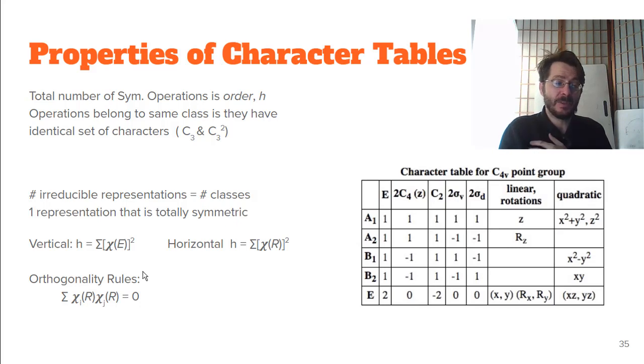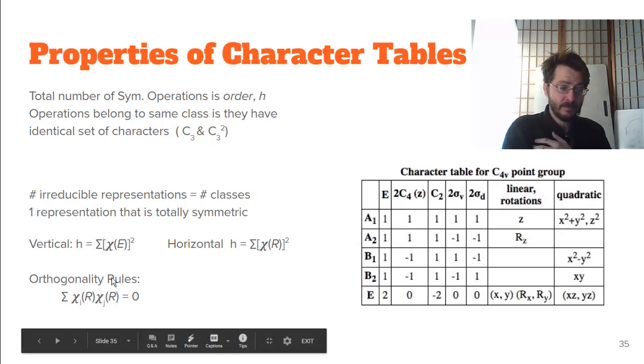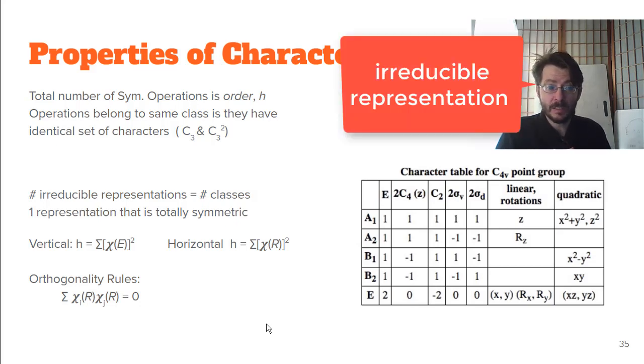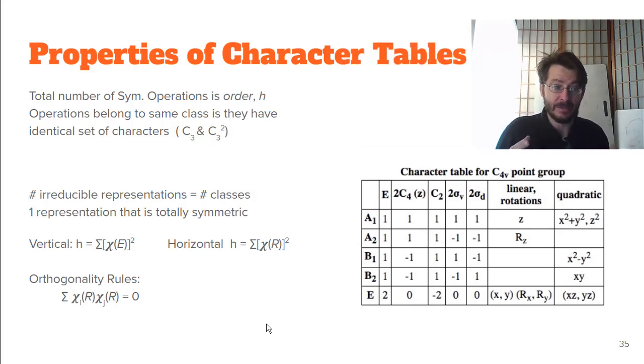So last is the orthogonality rule, all right, which is basically that the sum of the products of the characters within two different irreducible representations, the sum of those will equal 0. And they cancel out. So any two, they're basically at right angles to one another within their matrix.